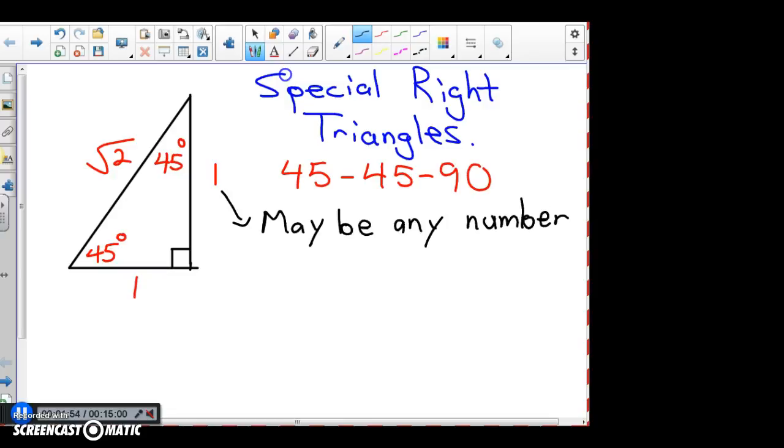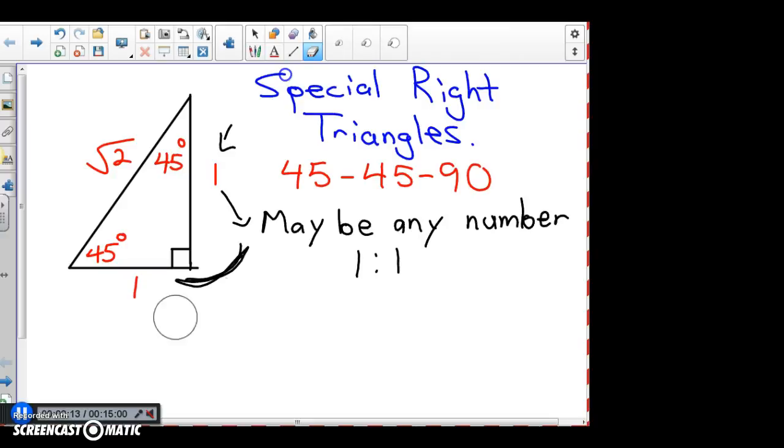And what we say about the ratio between these two legs of this triangle is they're 1 to 1. What that means, guys, is that whatever number is here is also going to be here. In other words, they're the same.